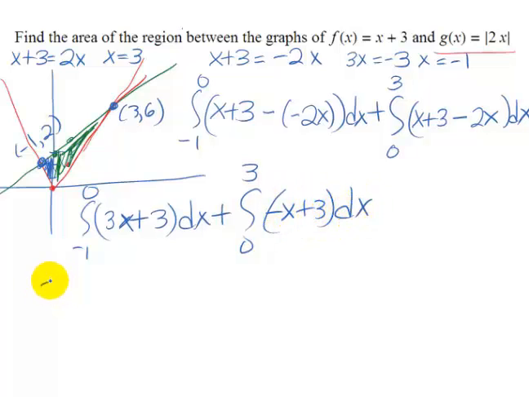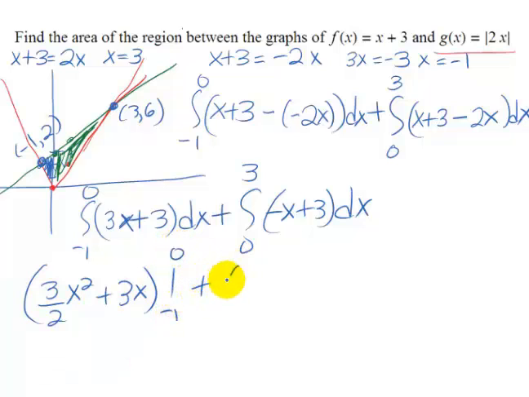So the first one's antiderivative, we've got 3 over 2 x squared plus 3x, that needs to be evaluated from negative 1 to 0, and then we're going to have negative x squared over 2 plus 3x, and that's going to be evaluated from 0 to 3.